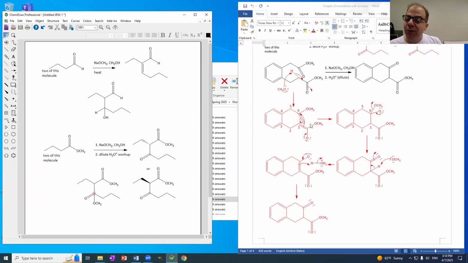Now remember, the way I've numbered these, we made this point in class, the exact way I've numbered these is arbitrary. You could have called this carbon 1 and gone around the other direction. It's fine, as long as you have a way of keeping all the carbons distinct from one another, and so you're clear on where you're forming your new bond.